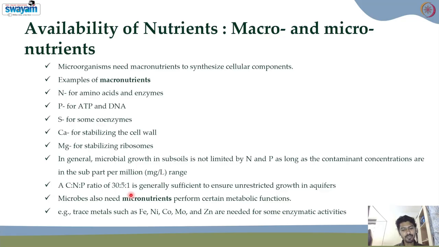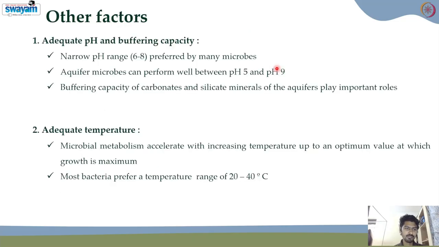And iron, sometimes without this, the microorganism can't run the energy machinery. So every microorganism needs the nutrients, both the macro and micronutrients. So they have to be present in a balanced state in order to catalyze the reaction.